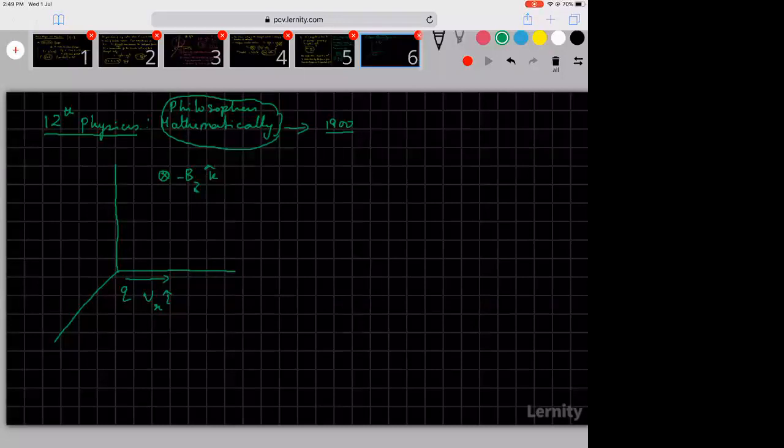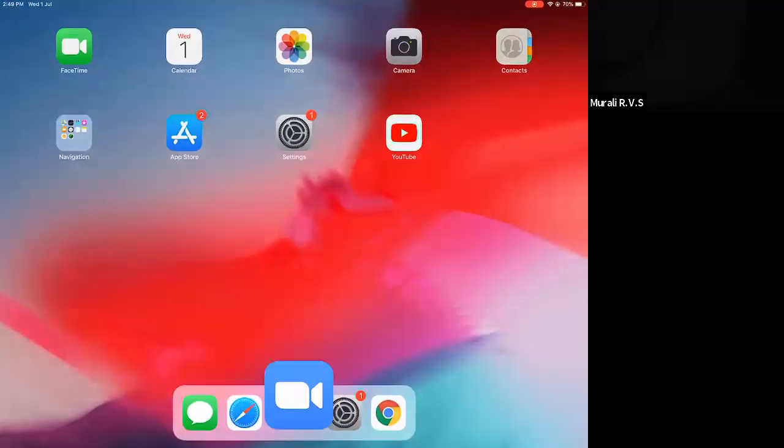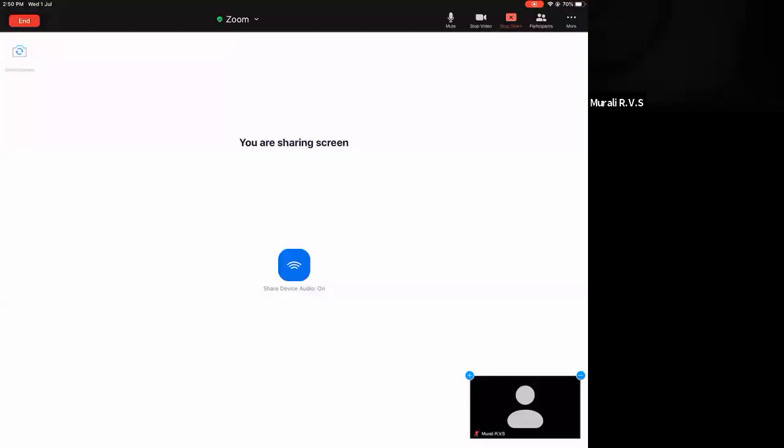Then I explained to you the right hand rule, and then I said that look, the direction of the force can be found out by taking the right hand rule.